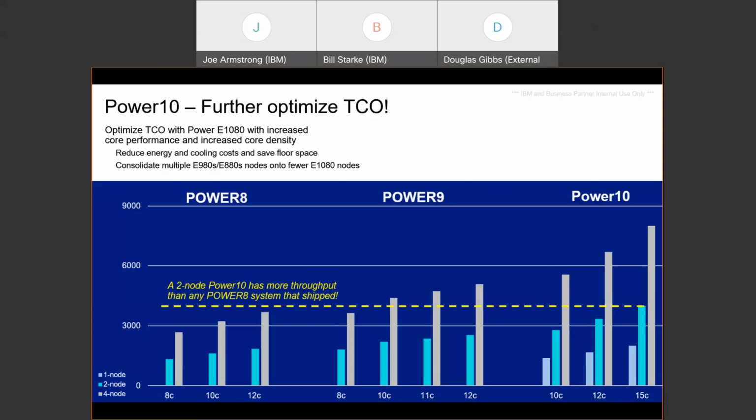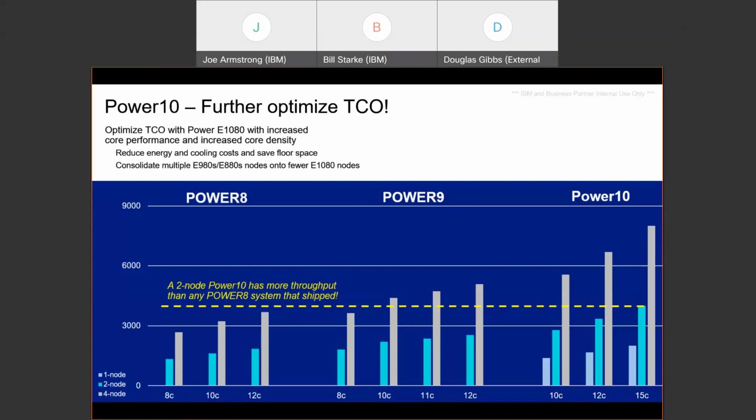Pretty amazing stuff. Hey Joe, if I could just interrupt real quick. Something I actually forgot to mention, and I'm a student of history, right? I worked on the Power4 chip, and I hadn't done this in a while, but I went back and compared the Power10 to the Power4 across the RPerf, and basically 112x improvement going from Power4 to Power10 at either the chip level or the largest system level, because they're both 16 sockets.